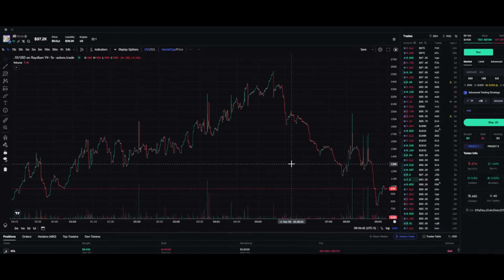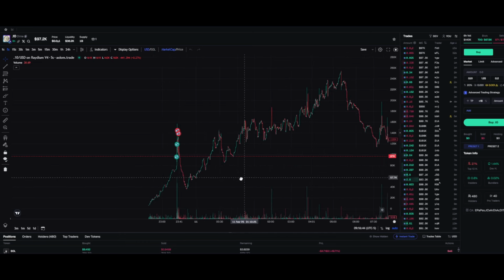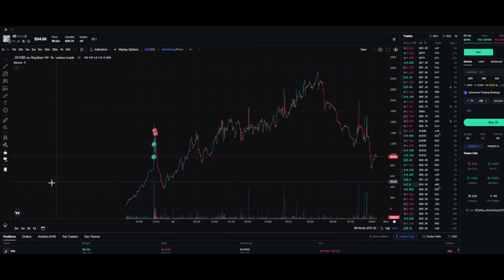Let's see. We just missed it. The best thing about the strategy you can make with these filters is that you can find coins on their way down, so you can make profits on each pump, or you can find coins at the beginning, or coins on the way up.